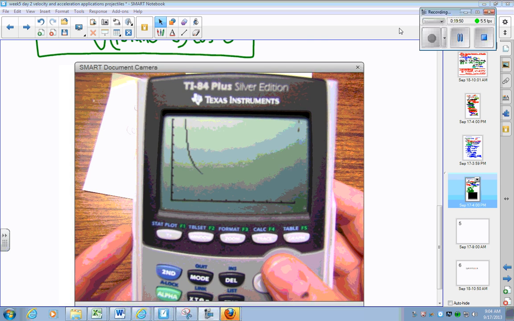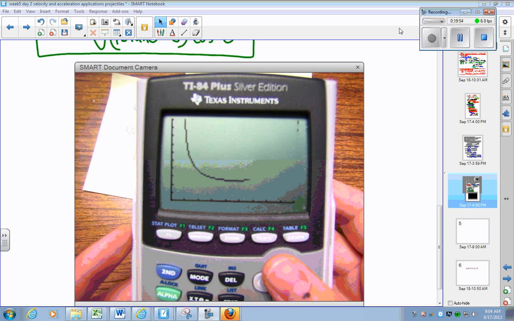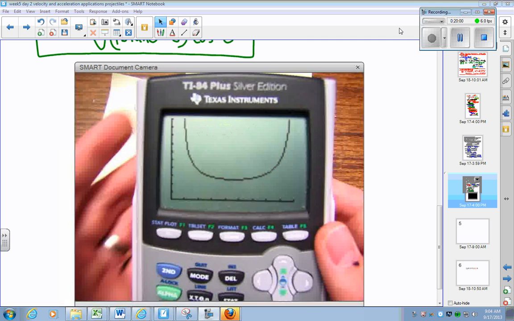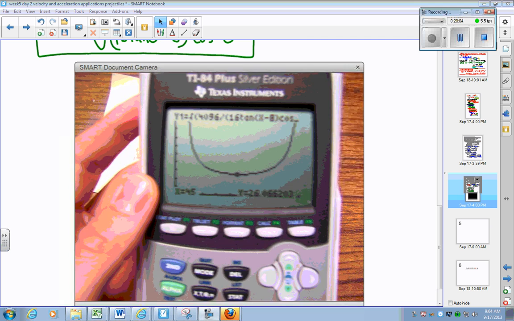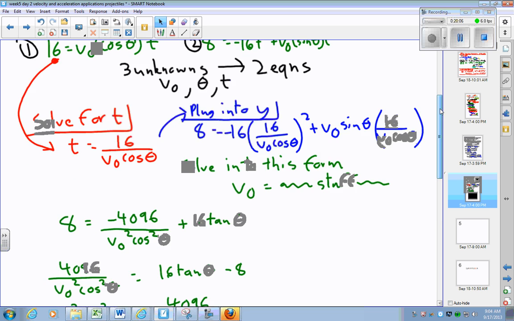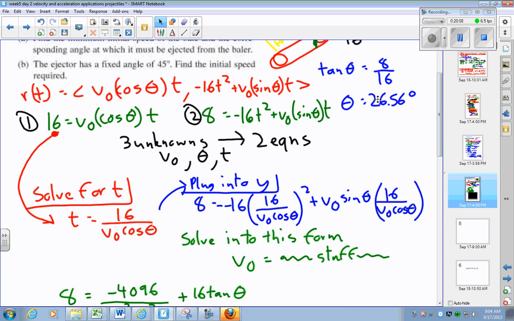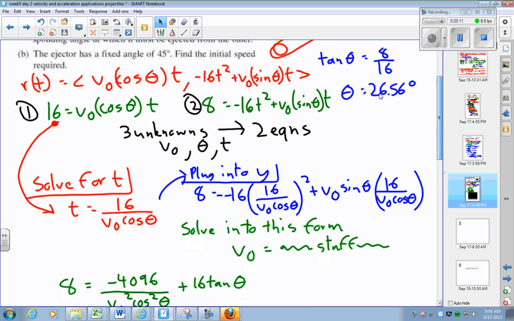So when it graphs, it comes down, it hits at some point, and then it goes back up. Okay? Now, there's an important thing to know about this, and I'm going to hit trace. I want to show you, what was that angle again? 26.56. That was the minimum. Let me highlight it here because I'm at my computer so you can see it a little bit better.